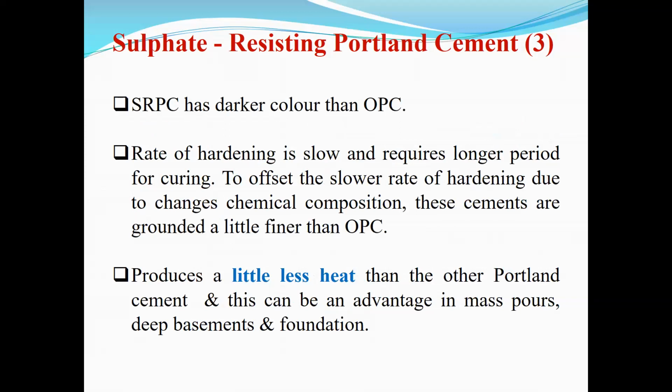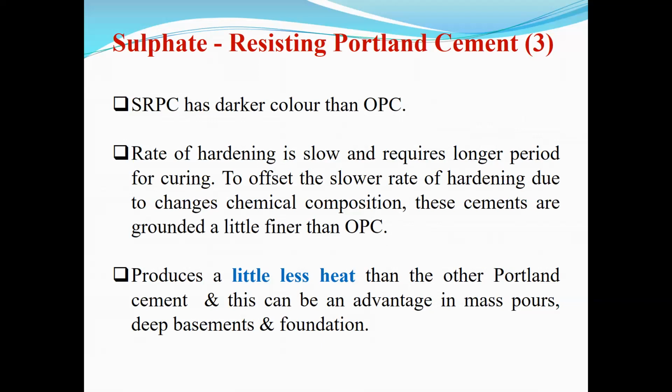And sulfate resisting Portland cement is dark in color, the rate of hardening is slow, and it requires a longer period for curing. So to offset the slower rate of hardening due to the change of chemical composition, the cements are ground a little finer. You know that when cement becomes finer, the setting and consequently hardening becomes faster.